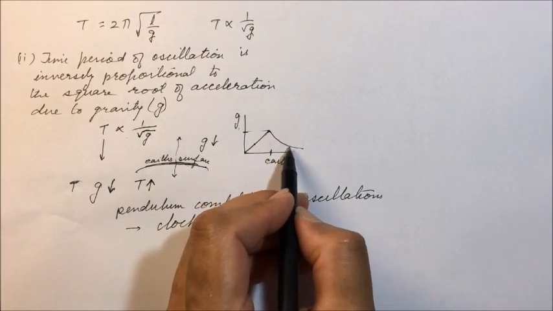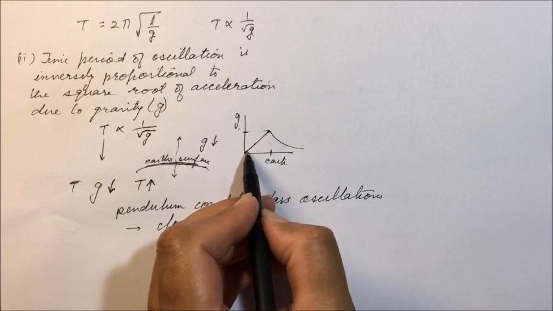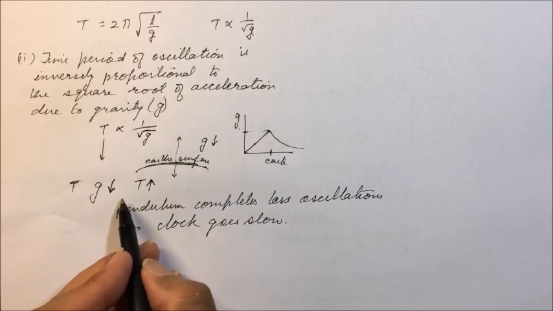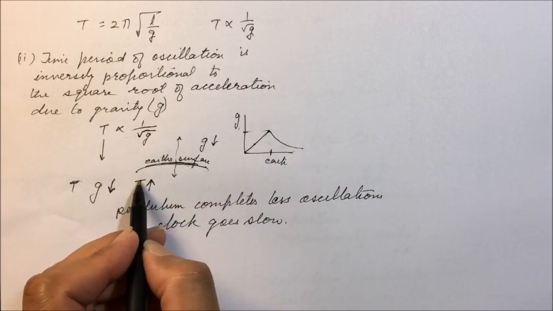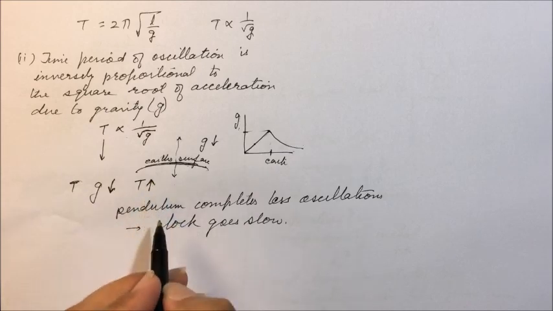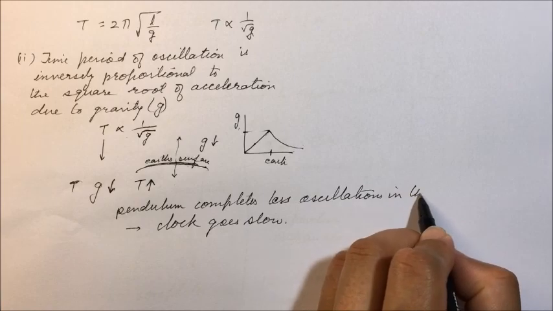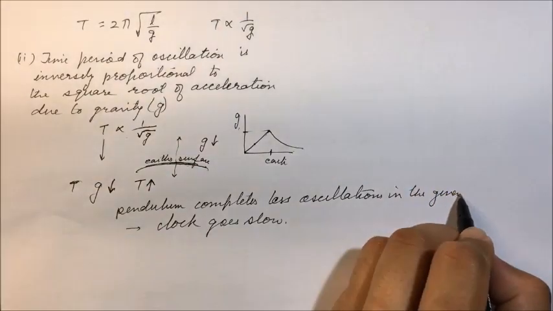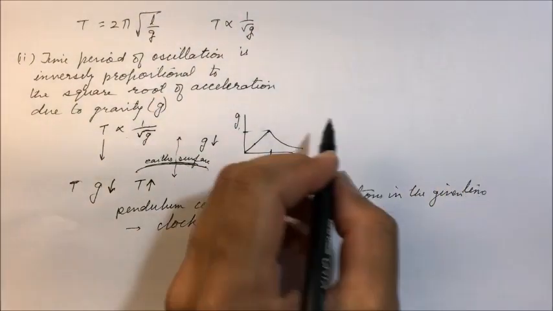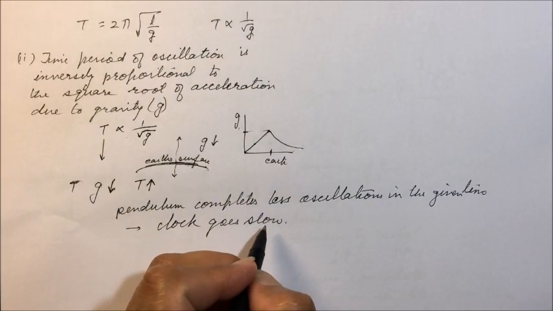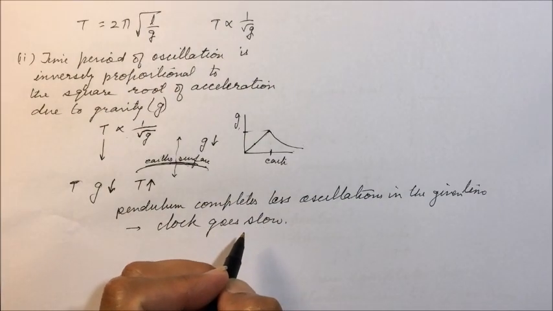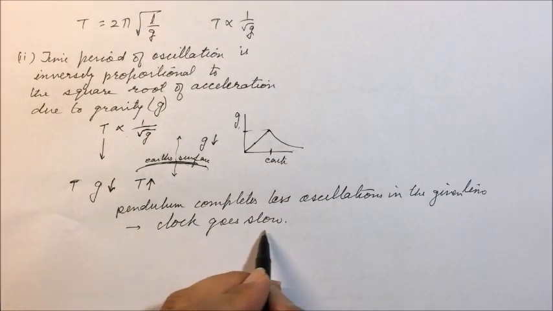As we go up a mountain or deep inside the earth, that is in mines, the time period will increase. Because of that, the pendulum completes fewer oscillations in the given time, and we say that the clock goes slower.